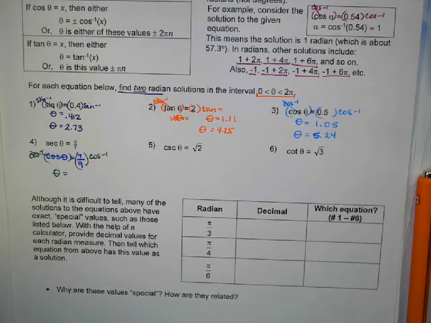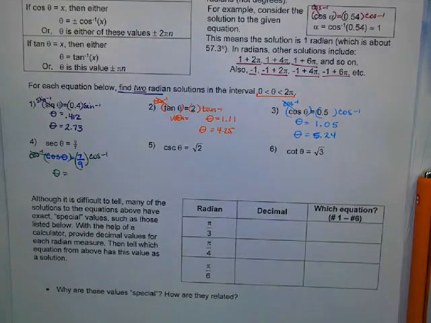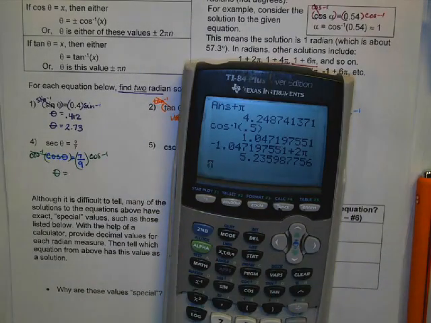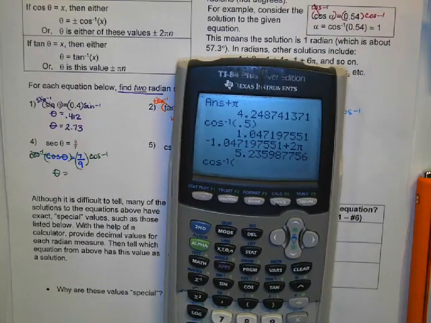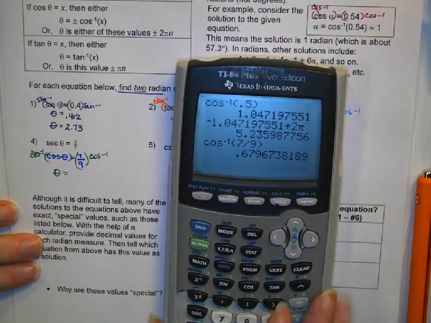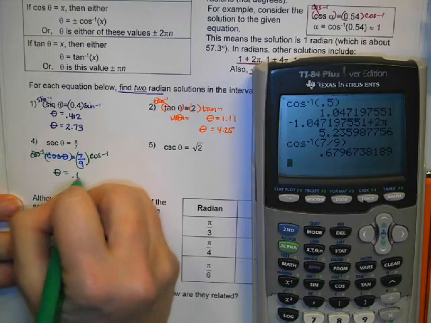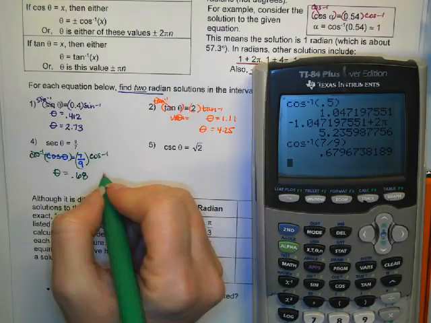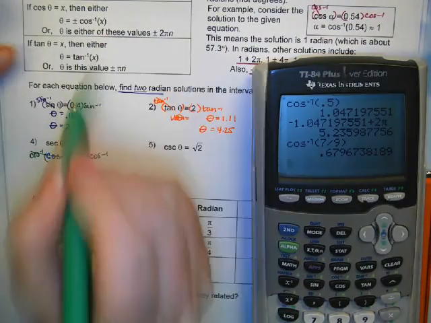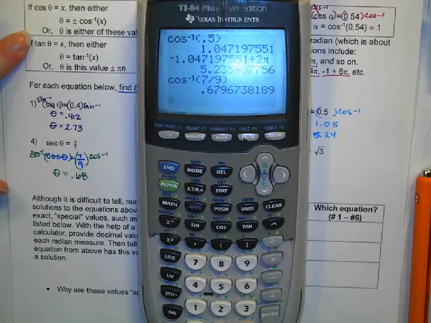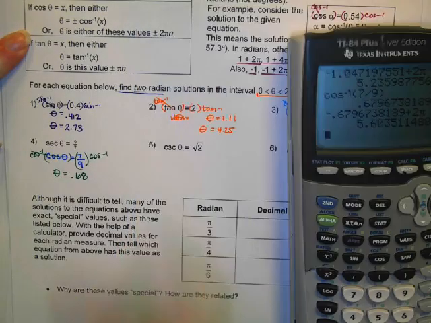So arc cosine of 7 over 9 is 0.68. Secant follows the same rules as cosine, so I can make this negative and add 2 pi. So 5.6.